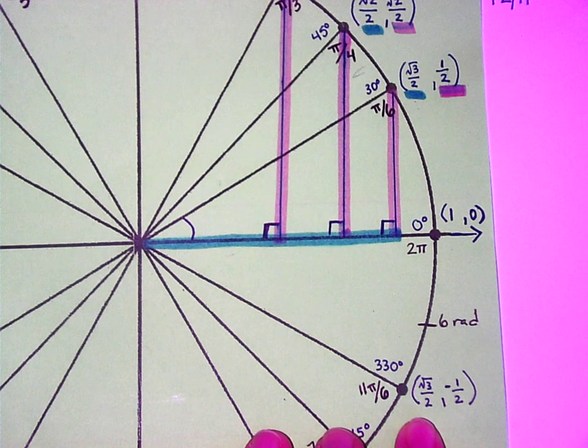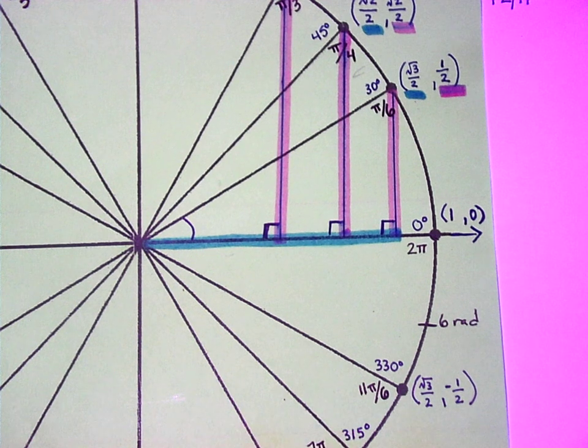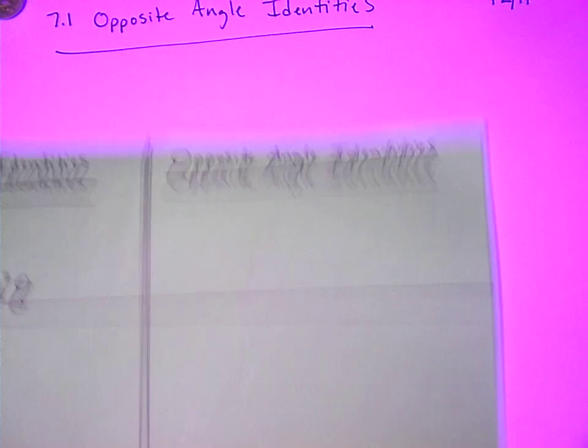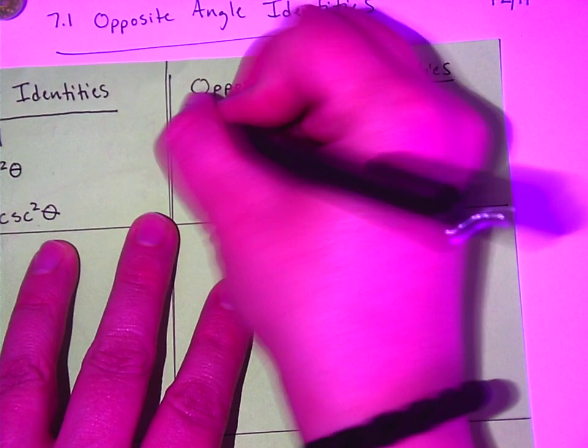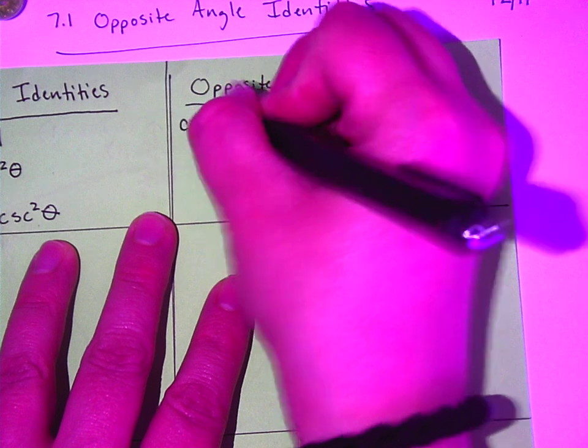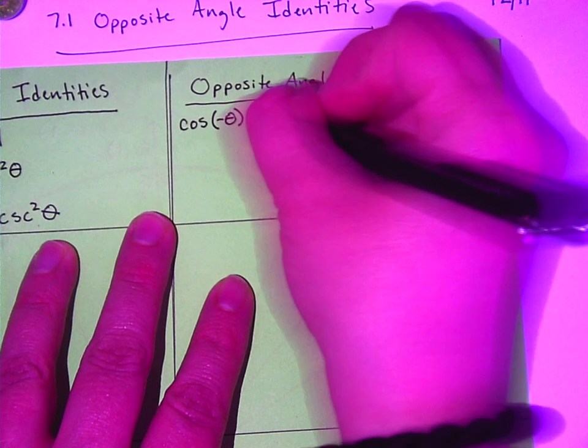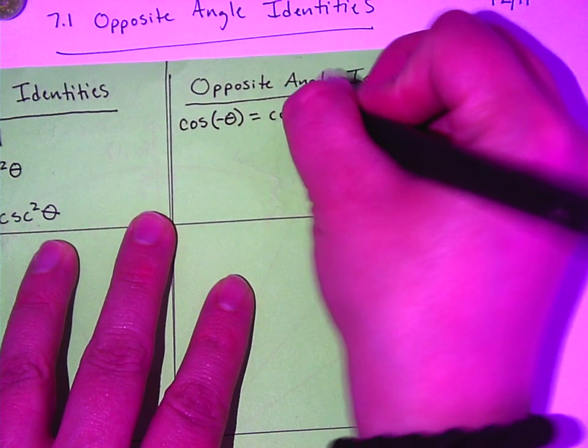Okay. Are we all on the same page? Are we all aware that the cosine of 30 degrees is the square root of 3 over 2, and the cosine of negative 30 degrees is also the square root of 3 over 2? They're the same thing, right? Good. So on the back, I want you to write the cosine of negative theta is equal to the cosine of theta.